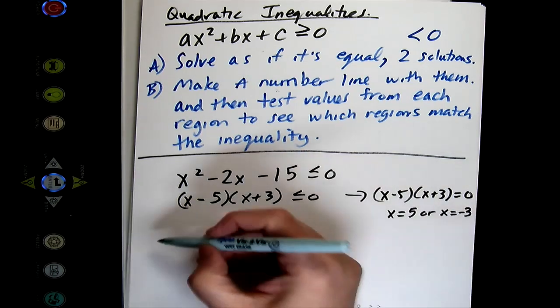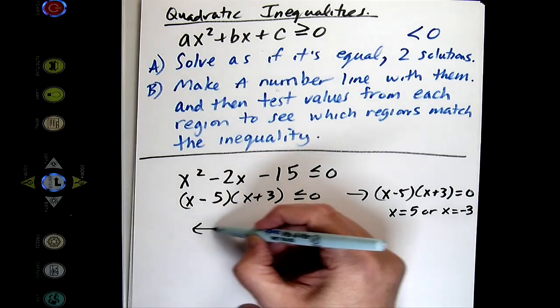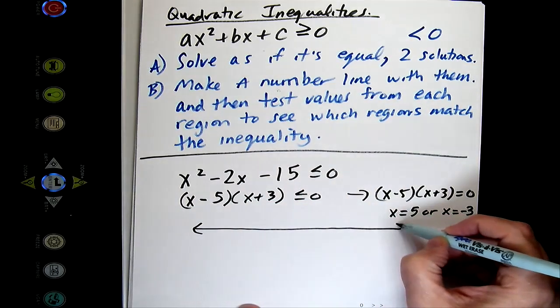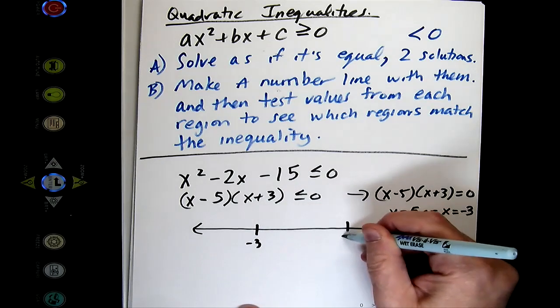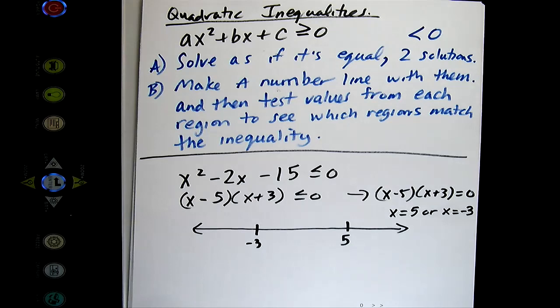Now, what we do is we make a number line. Pick values from each region to test.